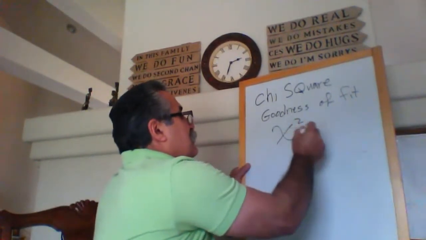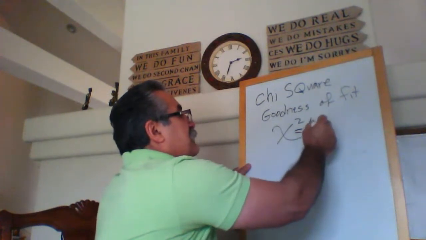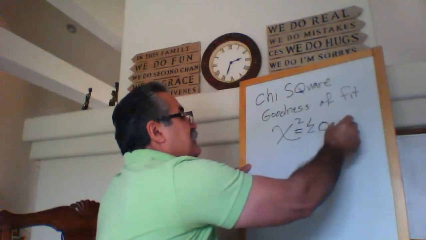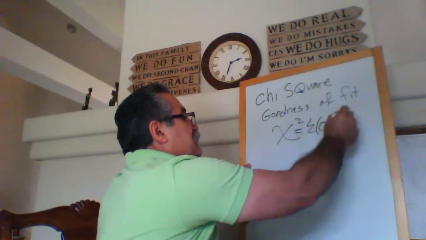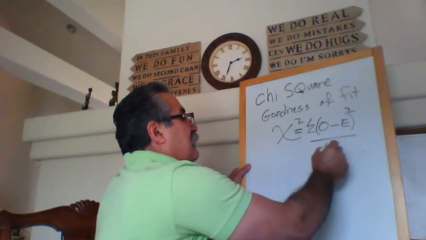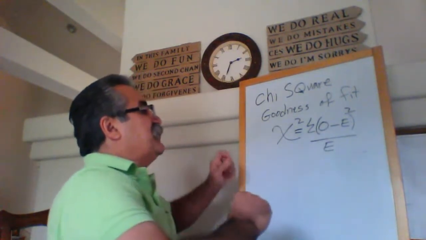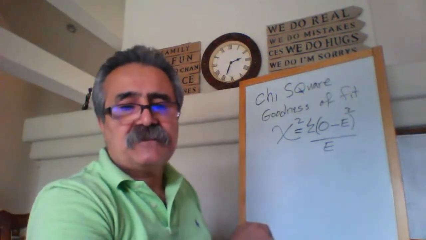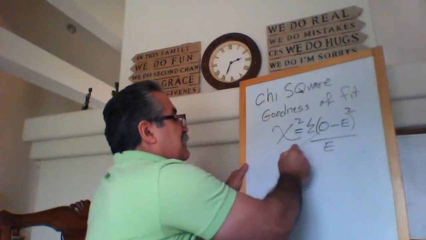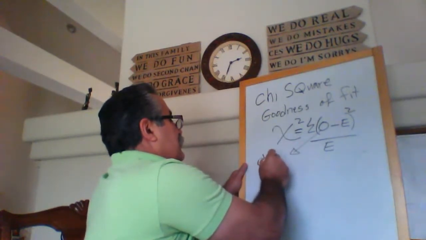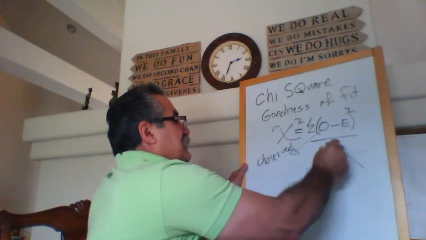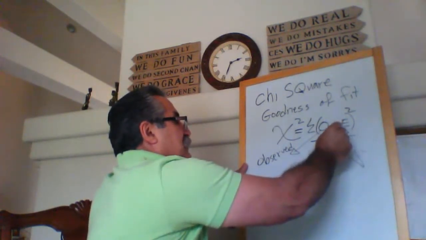Chi-square is equal to sigma of observed values minus expected values squared, divided by expected values. So this is observed, and this is expected.